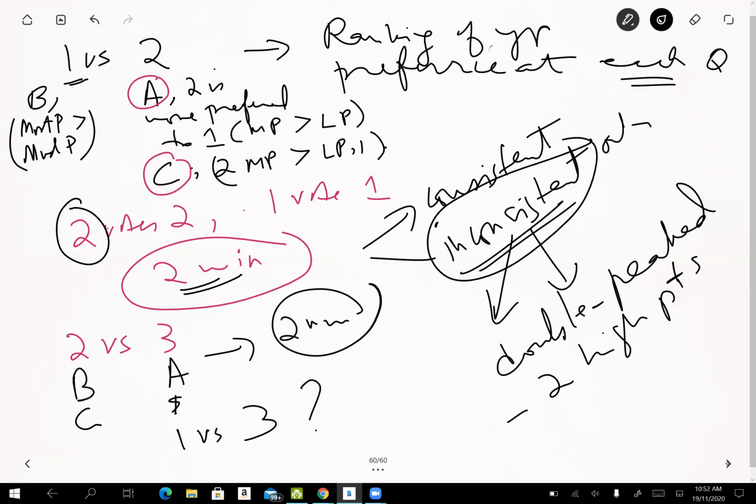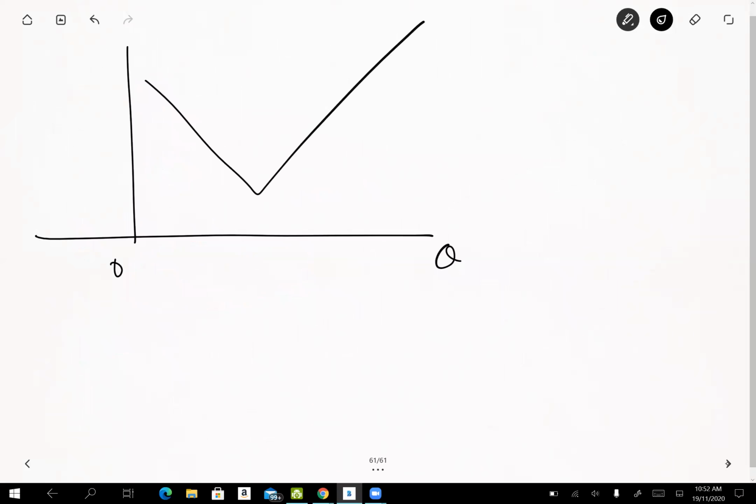In other words, your demand function or your preference may look something like this. You see, there is 1 high point, another high point there. So we call this double peak preference.